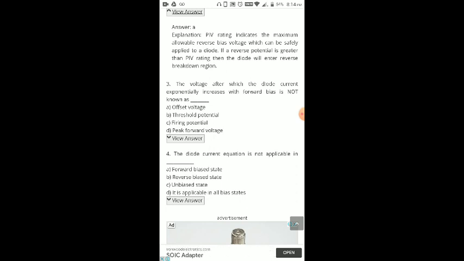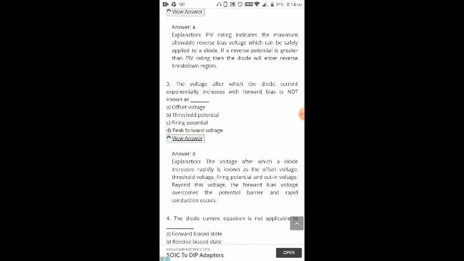So what is the voltage after which the exponential increase in the forward bias is not known as: offset voltage, threshold potential, firing potential, peak forward voltage. See, the answer is peak forward voltage, because offset voltage, threshold potential, and firing potential are also referred to as V gamma.